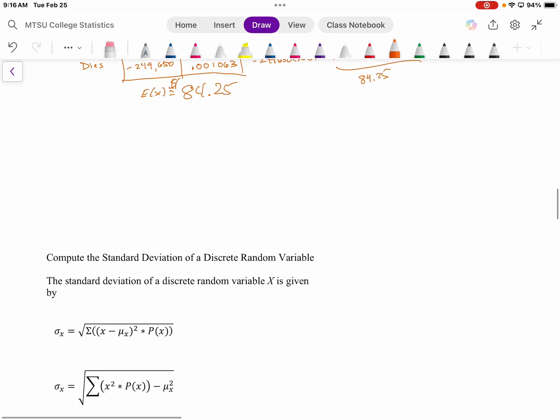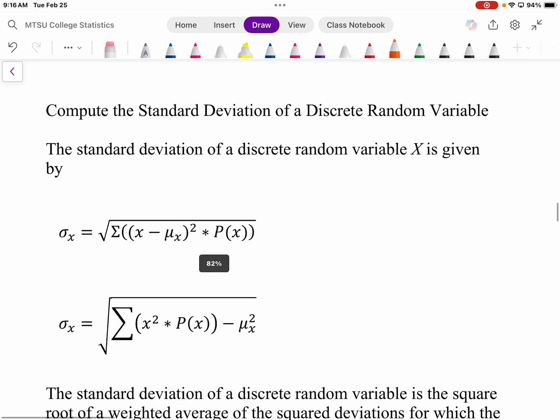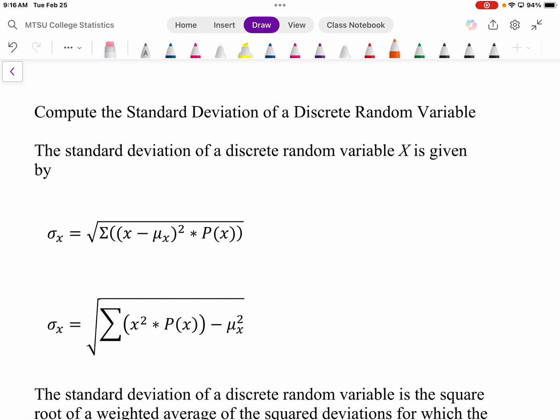All right. How do we do standard deviation? The standard deviation of a discrete random variable x is given by the following equation: the square root of the sum of each x value minus the mean, squared, times the probability. You'd have to find the mean like we just did, that expected value of 84.25.